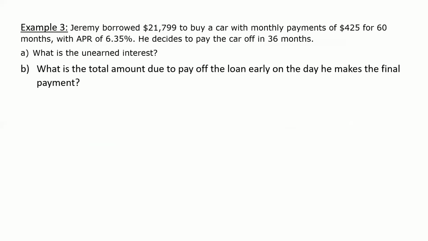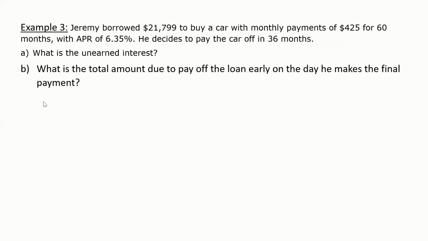In part B, it asks us, what is the total amount due to pay off the loan early on the day he makes the final payment? So it's going to be what's left to pay minus that unearned interest, plus we have to add the last payment that he hasn't paid yet because it's the 36th payment that's due today.